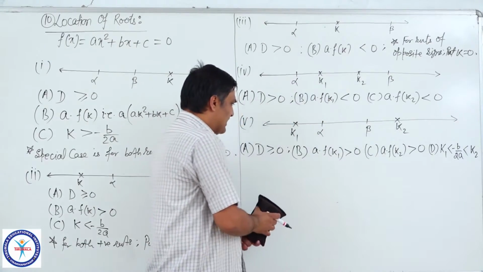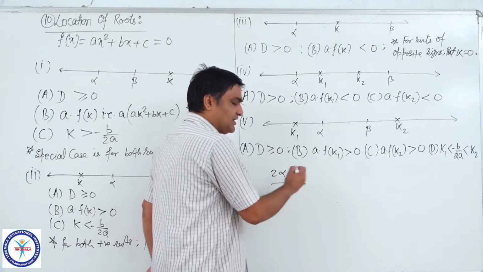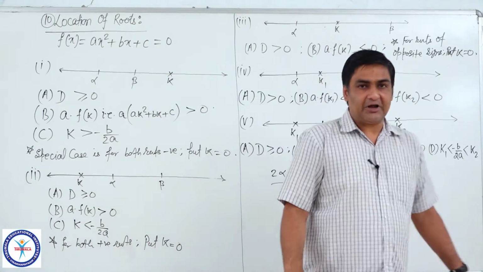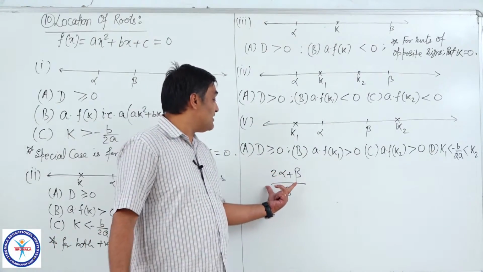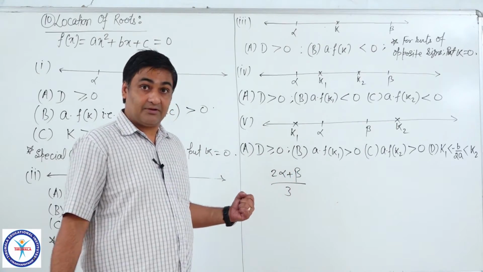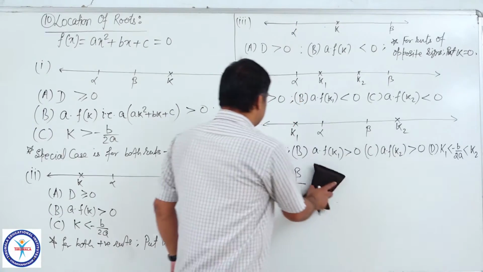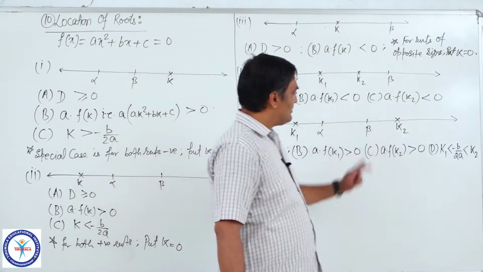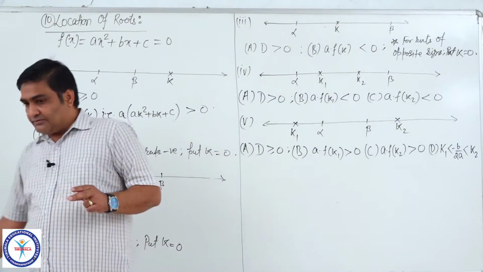And yes, if we choose numbers like 2 alpha plus beta by 3, it is somewhere between alpha and beta. But the problem is how we can relate it with the coefficients a, b, c. This is not a symmetric function. That's why we choose a number like minus b by 2a.